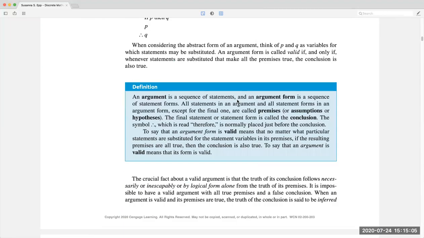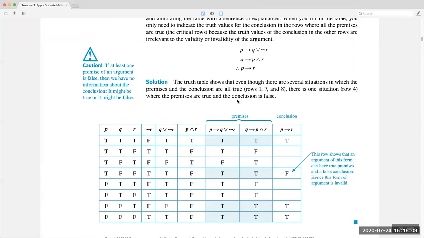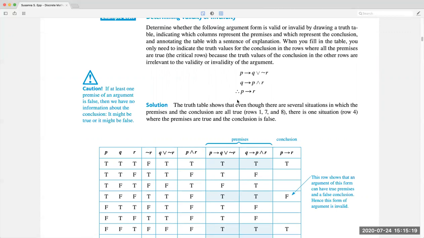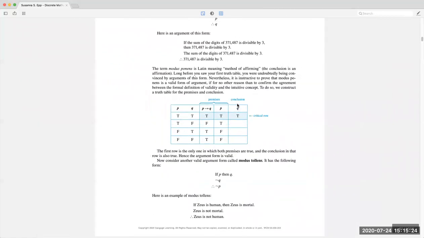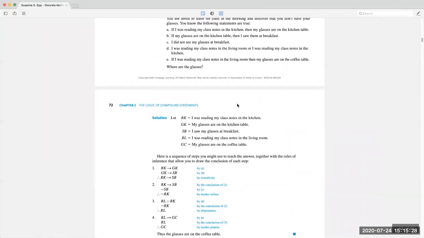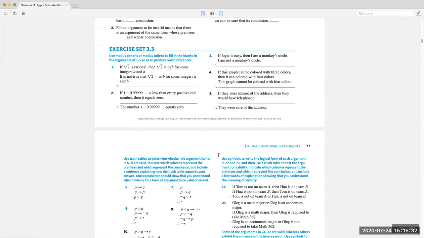Valid and invalid arguments. We can skip this one, okay? Because it's a little bit too much here. But I think it's good for you to have read this one.